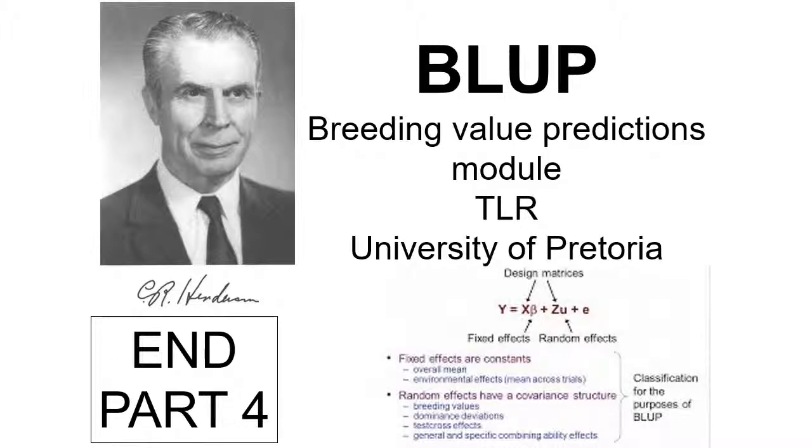We also looked at the different ways that we can fit fixed effects, and some transformations needed where we do not have continuous variation or where we have an unequal distribution of our phenotypic values, like in the case of somatic cell count, and how we then change either our phenotypes or include additional effects in the models to get to a situation where we have a clear view of the additive genetic differences amongst the animals, or the breeding values of the animals.